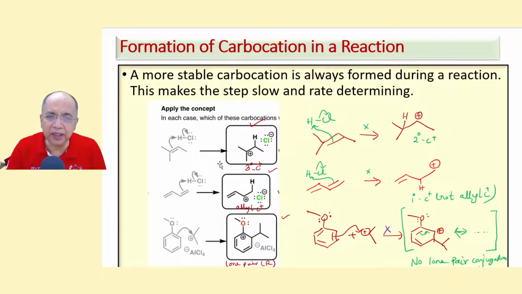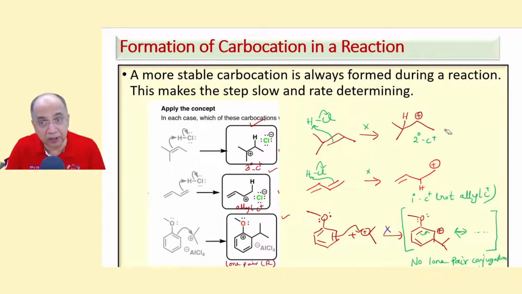Whenever a carbocation is formed, for example, you add HCl, HBr, HI to an alkene, then the alkene will be behaving as a nucleophile and HCl as an electrophile by donating a proton. But if hydrogen is added to this position, the carbocation will come to this position. On the other hand, if hydrogen bonds to this carbon, then the carbocation will come to this position.